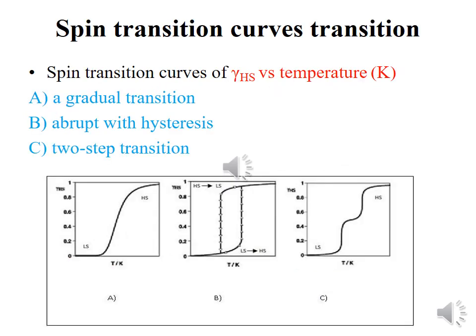In this slide, we study the curves for spin transition complexes. There are three main curves. A is a gradual transition, B is an abrupt transition with a hysteresis loop, and C is a two-step transition.